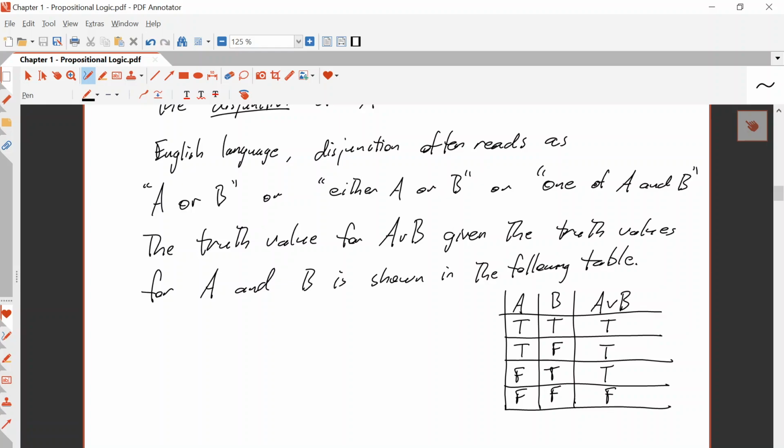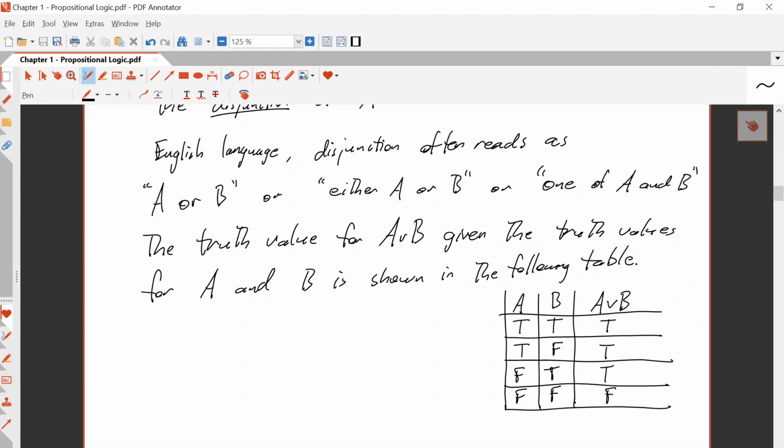It's kind of ambiguous, actually. If the ambiguity causes a problem, normally we'd say, if we mean the exclusive or, either you have this or you have that, but you don't have both. Or we could say you're going to have this or you're going to have that, or maybe both.